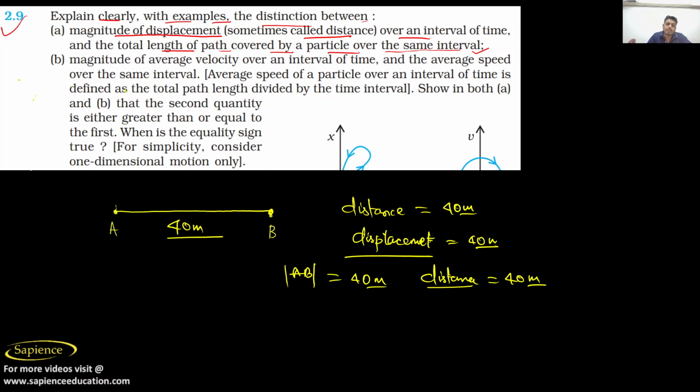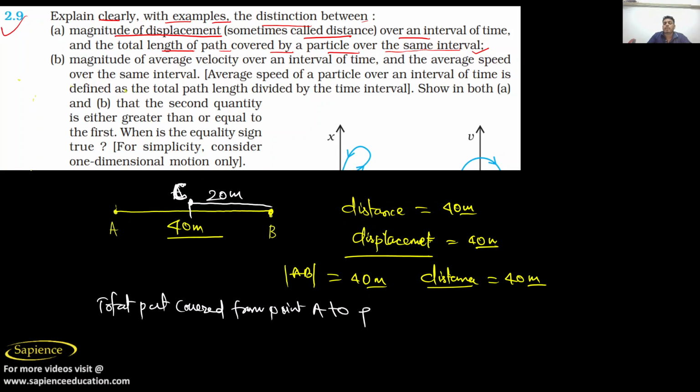Now in case 2, the same object is going to return to this point, which is 20 meter, or at this point. Let us consider this as C. Now, the total path covered from point A to point C is 40 plus 20, that is equal to 60, that is the distance.